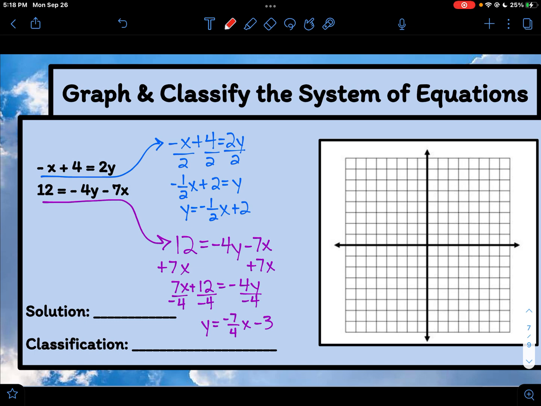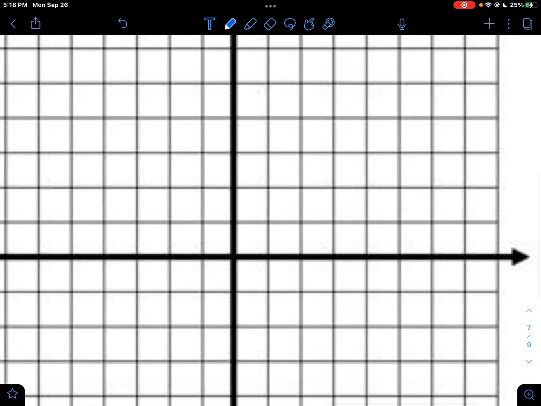Okay, let's graph these. Start at 2, and then down 1 over 2.